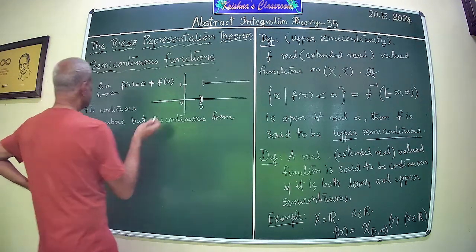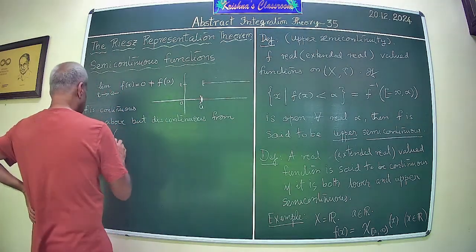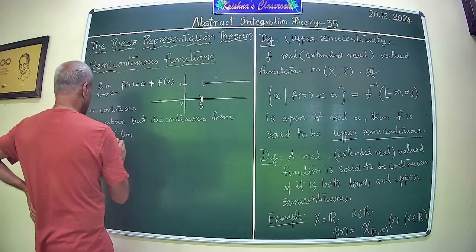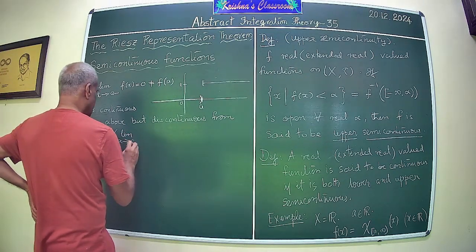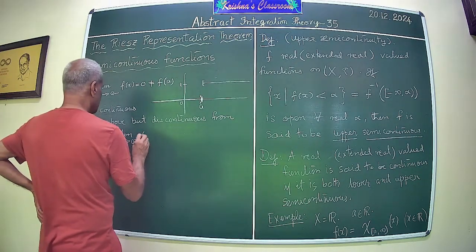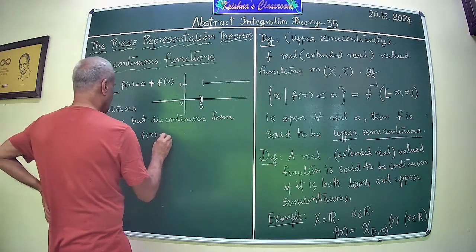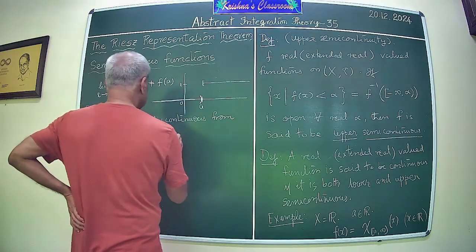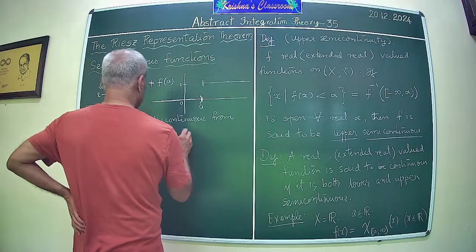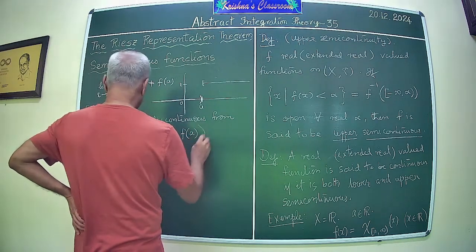Why is it? Because you have the limit as x tends to a plus equal to 1, which is equal to the function value.